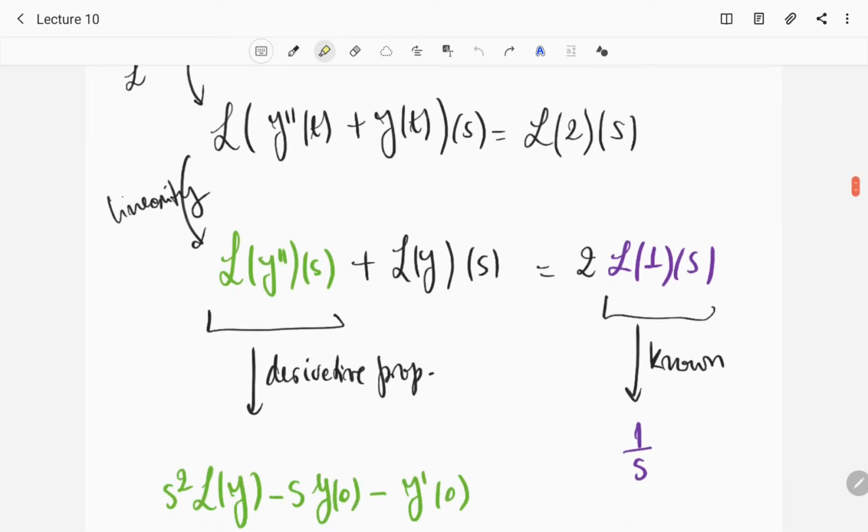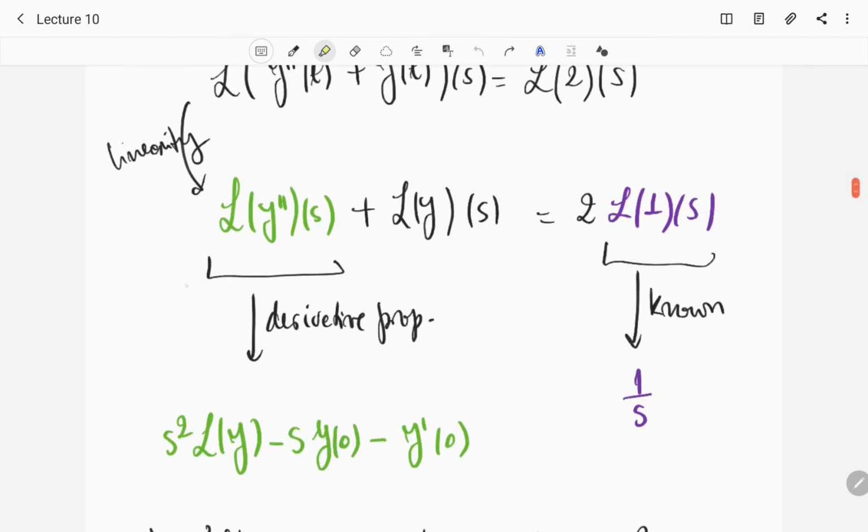And now, for instance, in this piece, we use that we know this one. We computed it last lecture, so we use this well-known Laplace transform. And here we use the property that relates derivatives of functions and Laplace transform. So we know that this is exactly s squared times the Laplace transform of y, minus s times y at 0, minus y', the first derivative of y at 0.